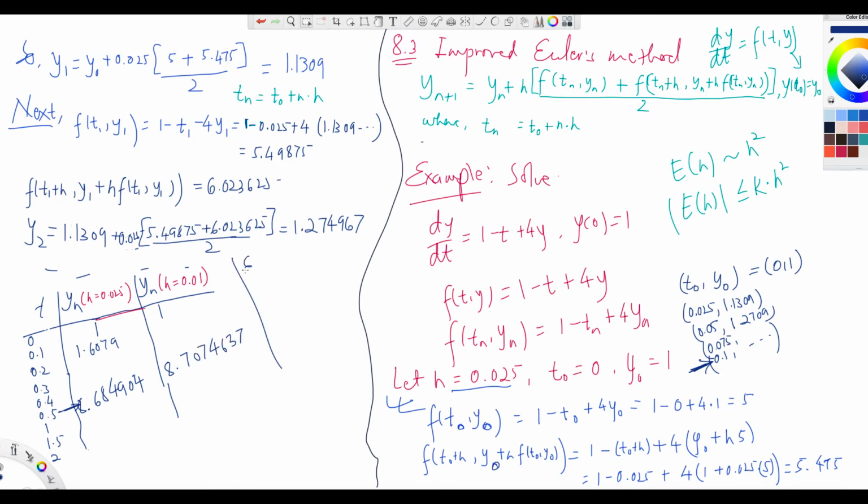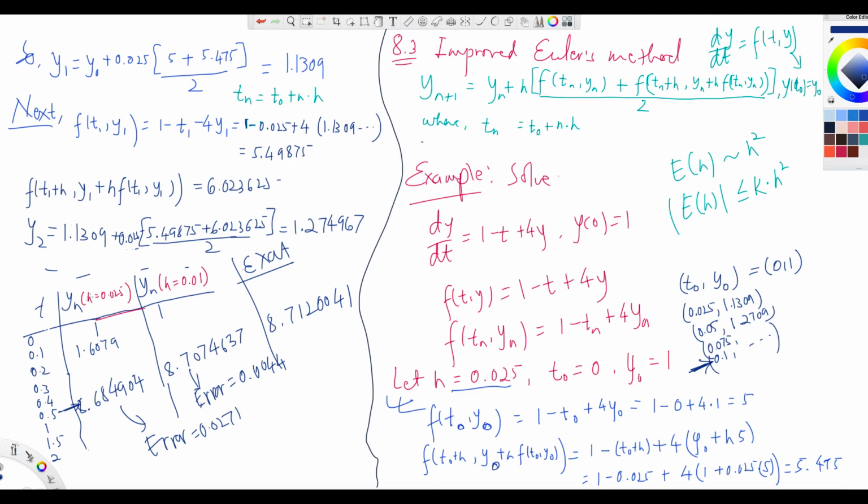And what is the exact value? The exact value is 8.7120041. Now what do you see? What is the error? The error on this will be 0.0271, and the error on this is 0.000044. You see that?